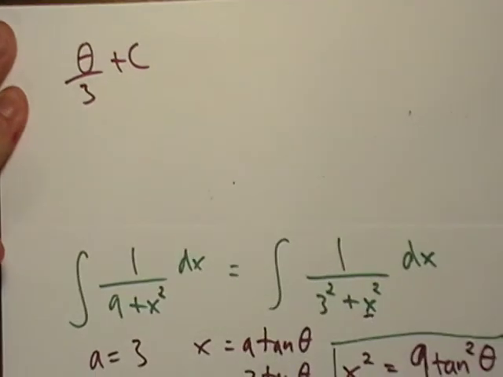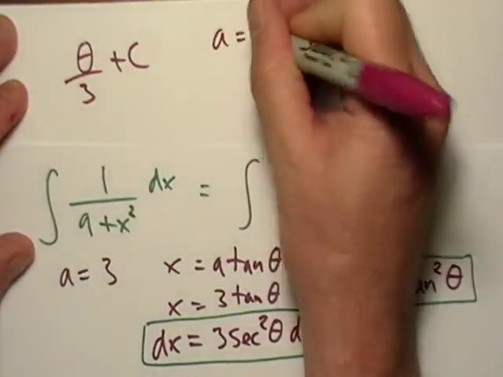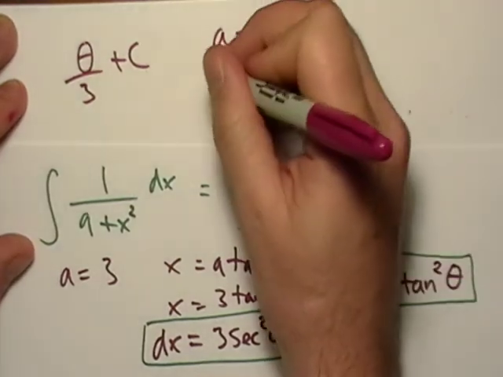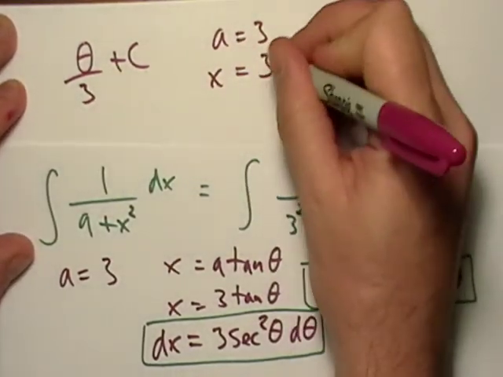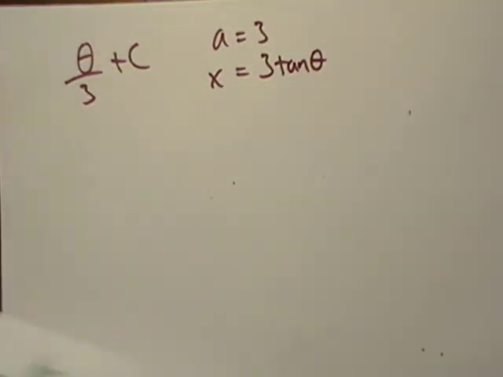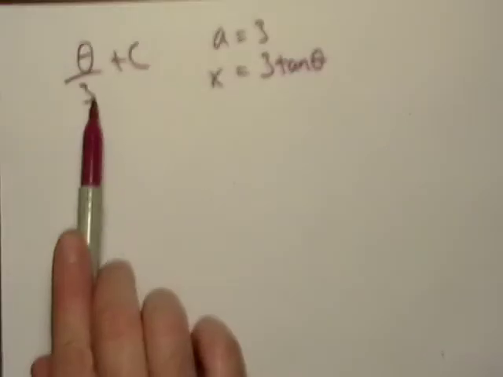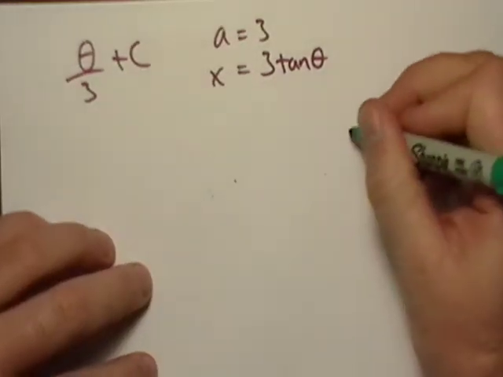I just wrote that up there. And I also need to remember that a was equal to 3 and x was equal to 3 tangent theta. Okay, so here we go. I just found our antiderivative, and we're going to go backwards from our substitution that we did earlier.